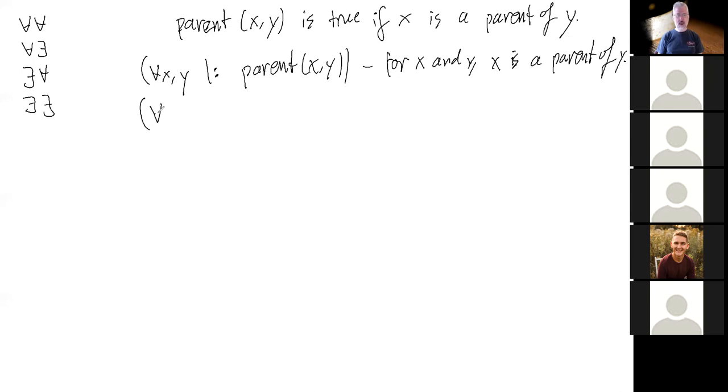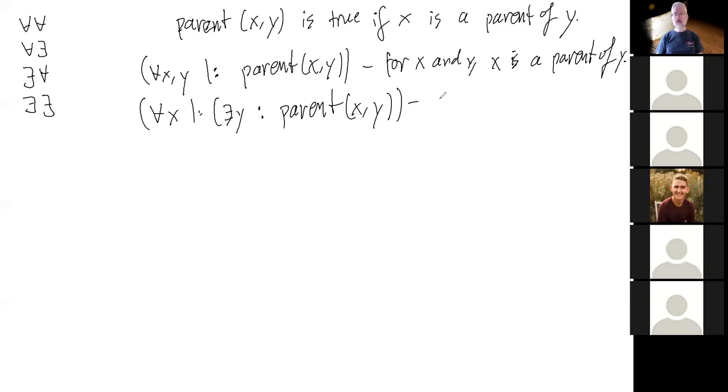If I do instead for all X, there exists Y, parent X Y, what does that mean in English? Anybody? Is that saying that for everyone they have some parent out there?